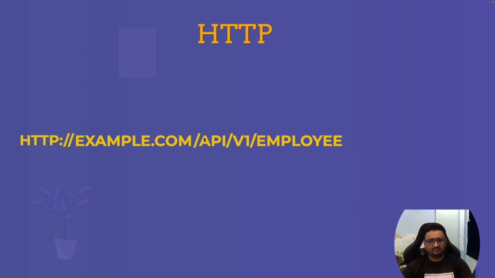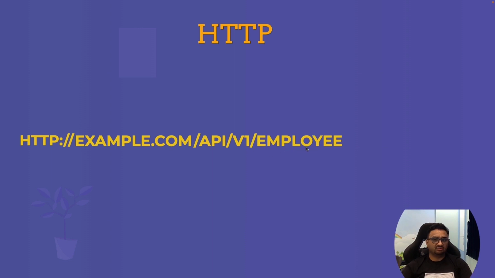When you say a web API, or a web request, it consists of different parts. First is the protocol, which could be HTTP, or HTTPS if it's secure. After that we have a base URL or a host; you can use these terms interchangeably. Then, as you can see, v1 is nothing but the version of the API.